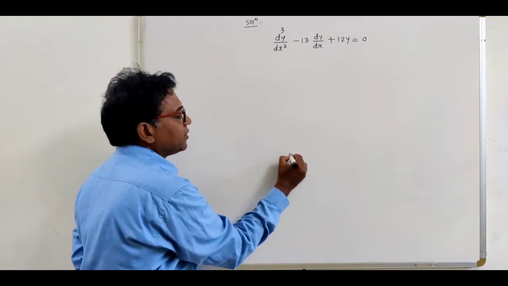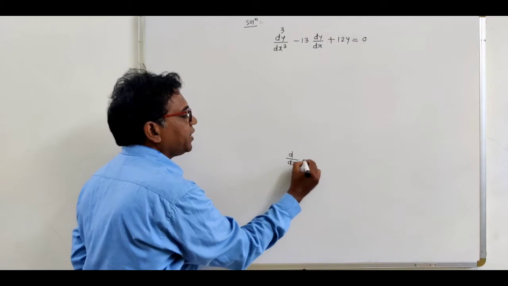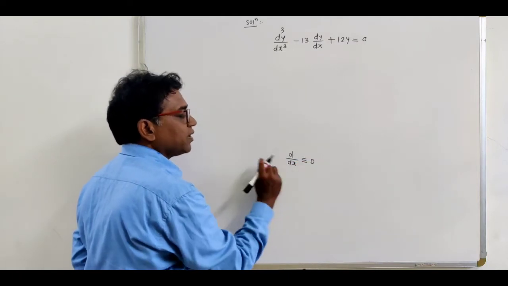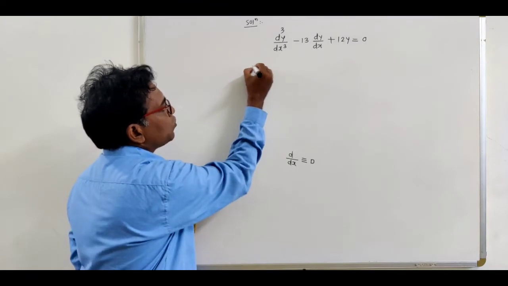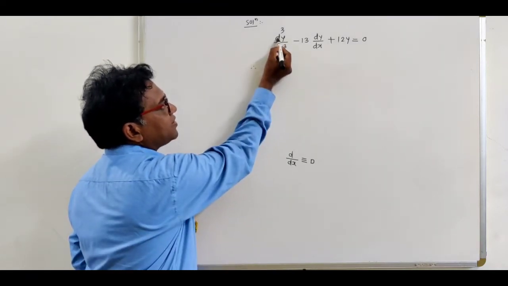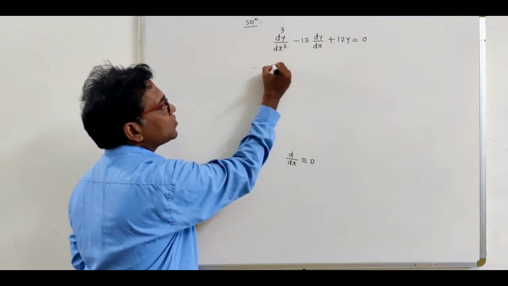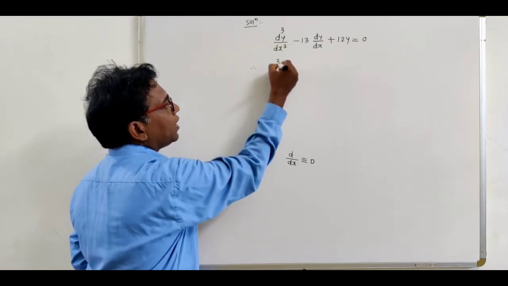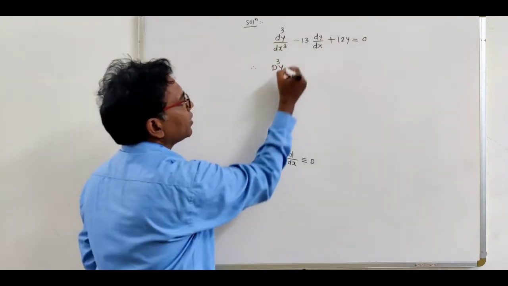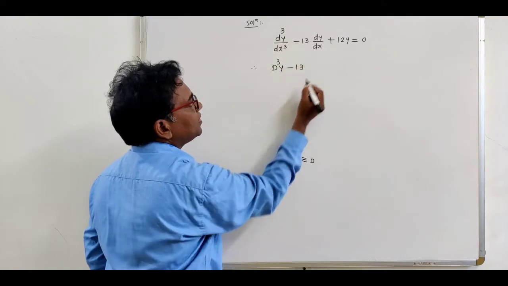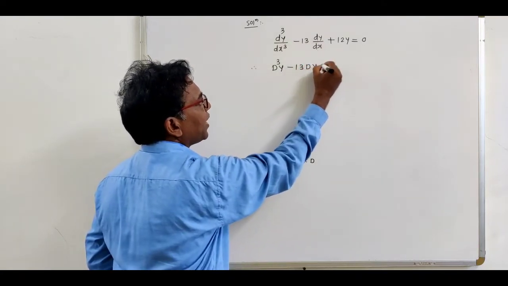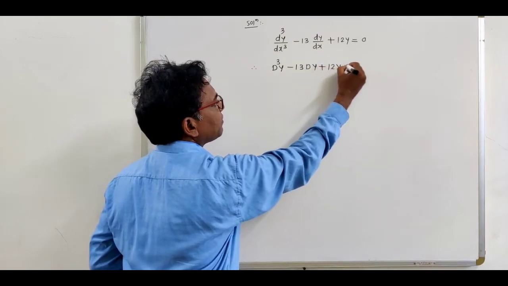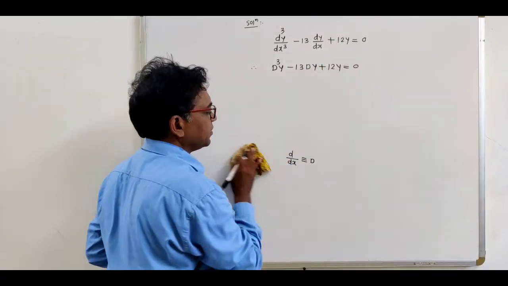For that, we replace d by dx by differential operator capital D. So replace d by dx by capital D. This is D cube y, minus 13 D y, plus 12y is equal to 0.